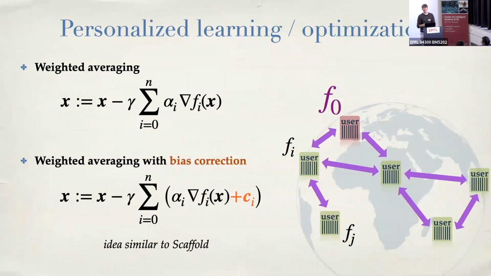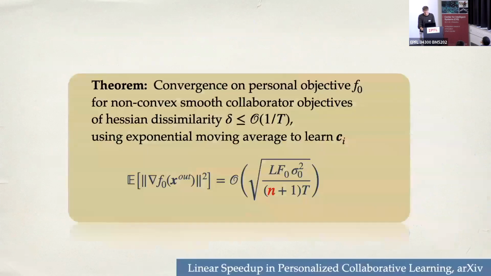And you want a gradient for F0. So can you correct for it, or you could also learn a more complex function which takes these helper gradients and hopefully maps them to something more useful for you as an agent F0, to make progress on F0. That's the idea. We only have some very preliminary results under very strong assumptions.